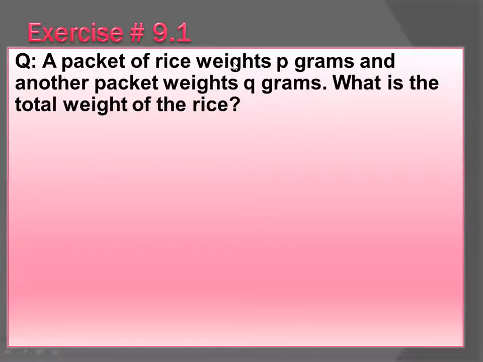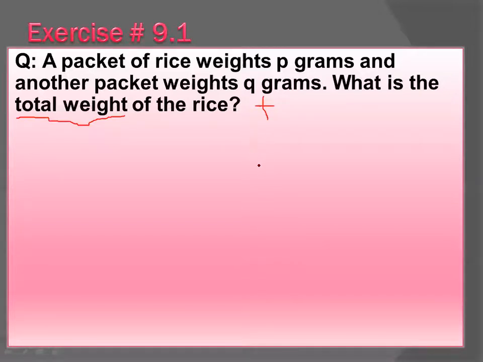Here you have two packets of rice, one is p grams and the second is q grams. So what is the total weight of the rice? Whenever you have to find the total, you will perform addition.